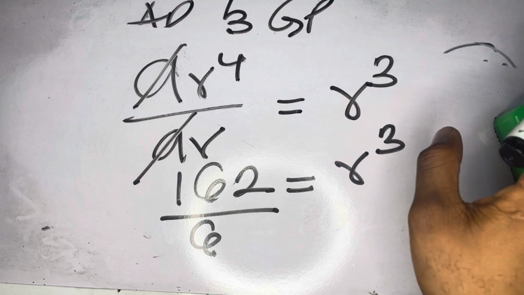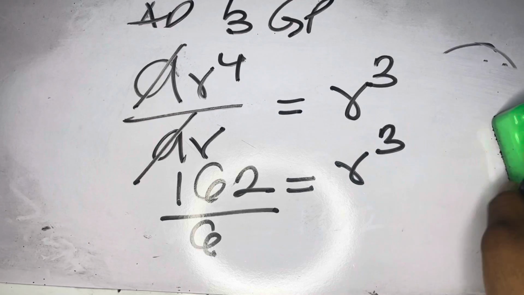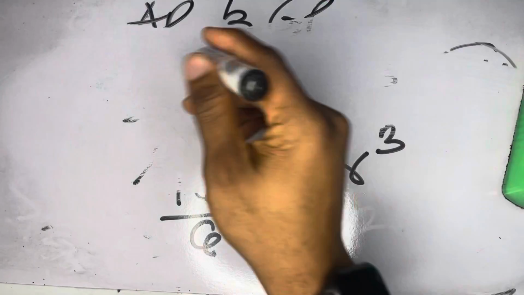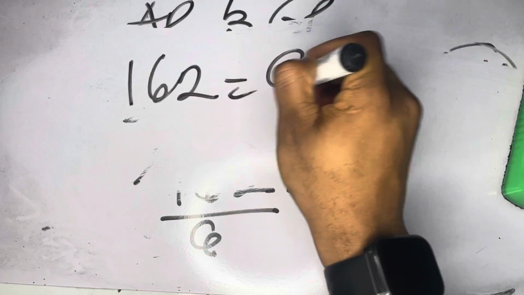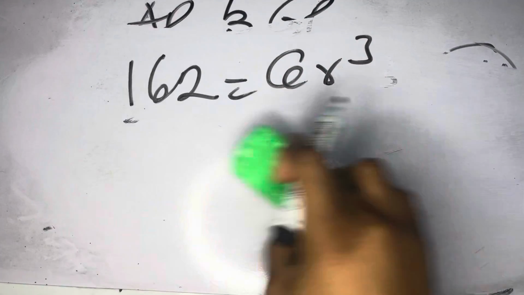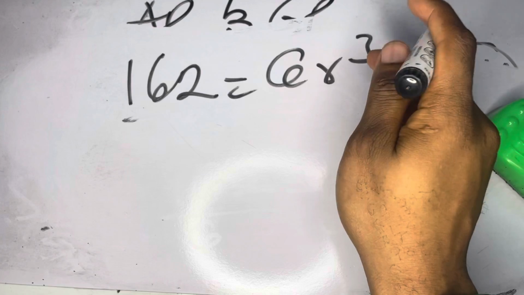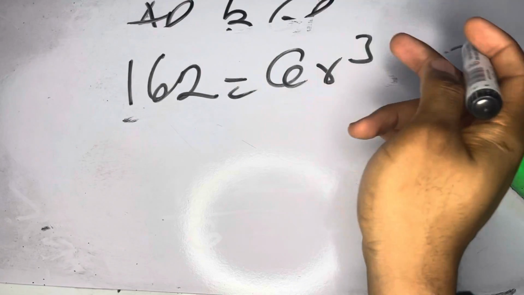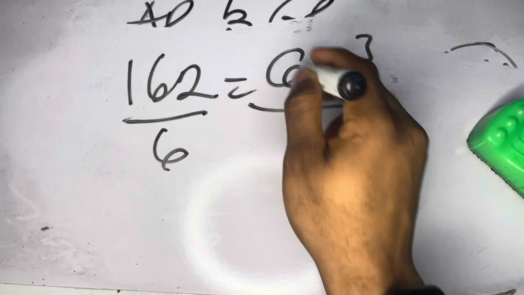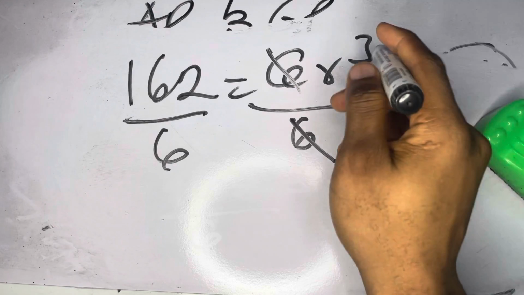Let's take it easily. To solve for R raised to power 3, it means that we'll have 162 equals 6R cubed. To remove this 3, we have to take the cube root of both sides, but of course we have to divide by 6 first. I'm just bringing it forward so you'd understand it better.